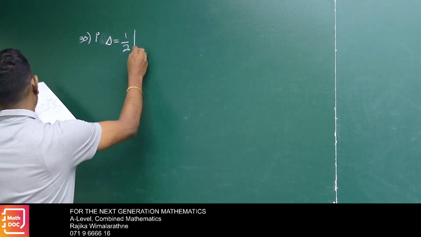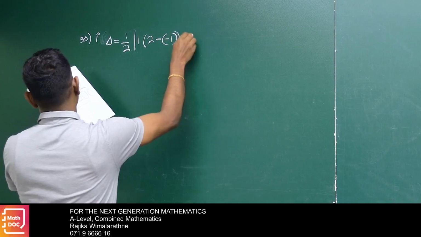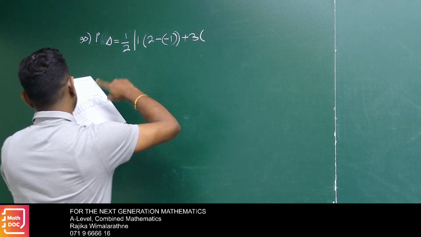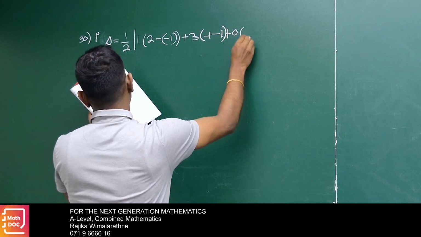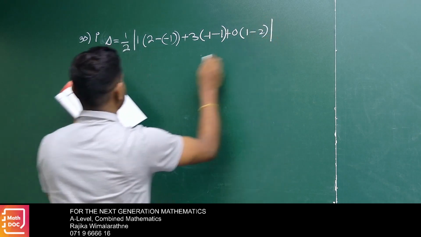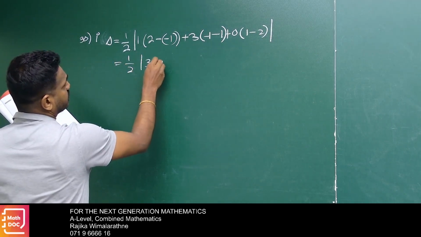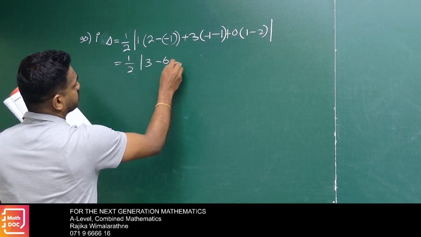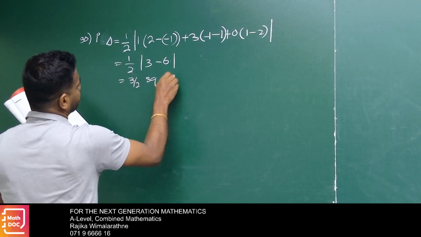Half into modulus: 1 times (2 minus minus 1) plus 3 times minus 1 plus 0 times (1 minus 2), modulus. Now you simplify. Here 3 minus 6, 3 over 2 square units.